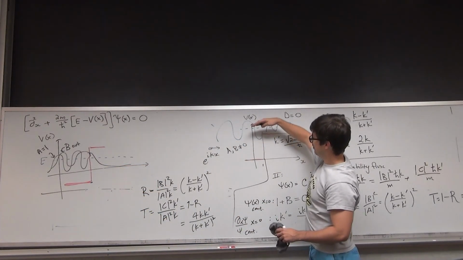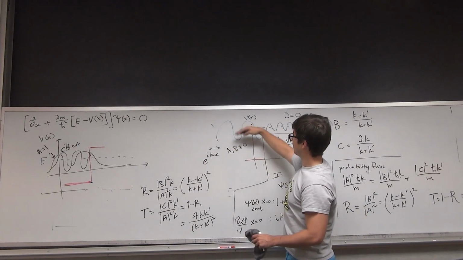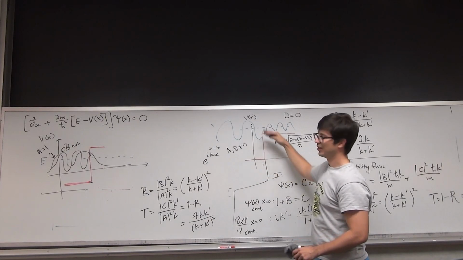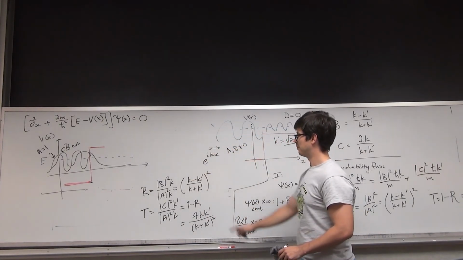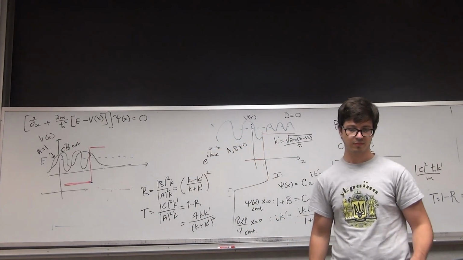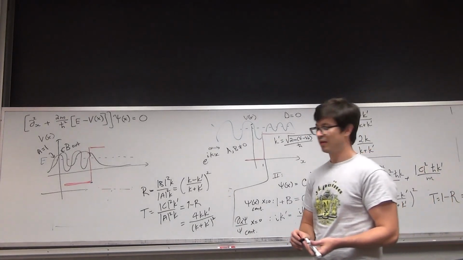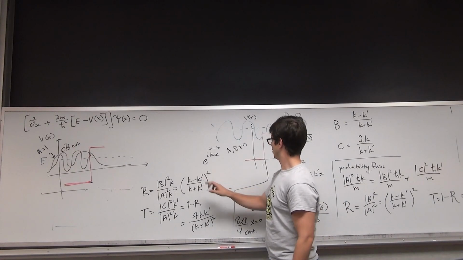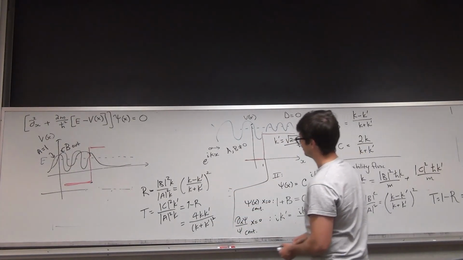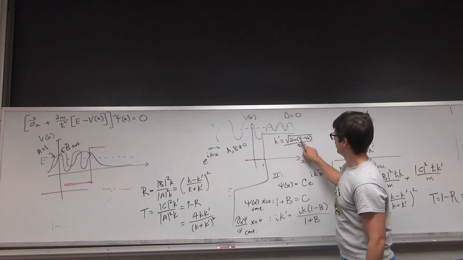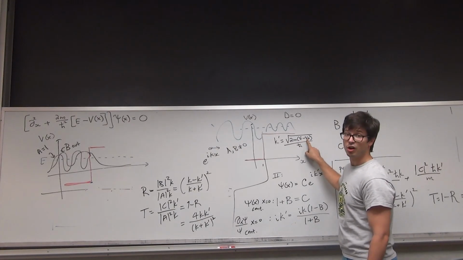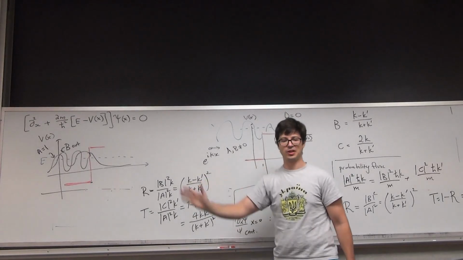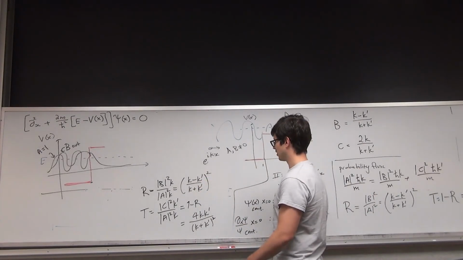If your energy is above the potential step, then incoming particles either get transmitted with some probability given by this, or they get reflected with some probability given by that. And look, this also makes sense. If the potential step is 0, then k prime is equal to k, and this vanishes, so then the whole thing gets transmitted. So it makes some physical sense.